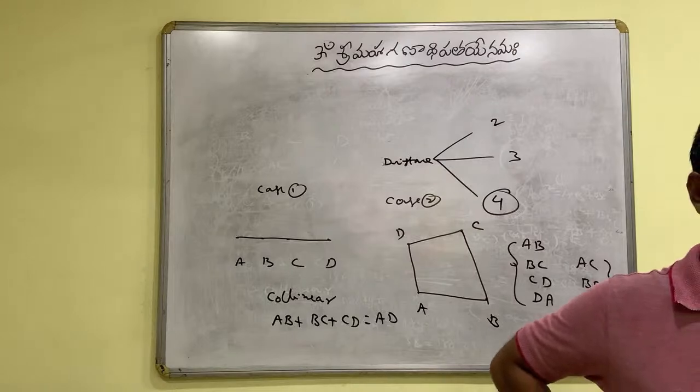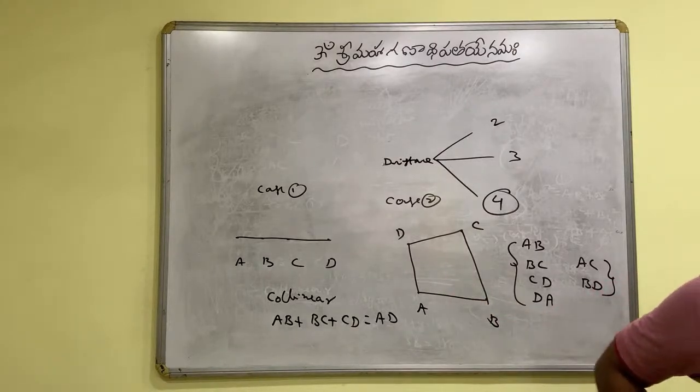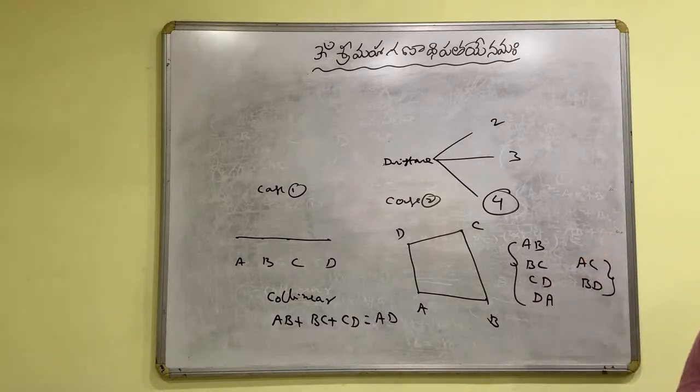So, suppose if we want to prove this quadrilateral is a square: all sides are equal, diagonals equal.